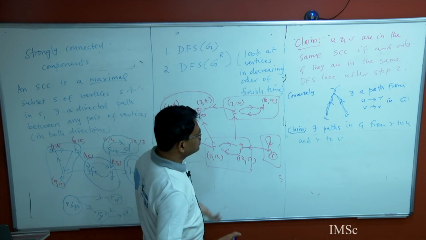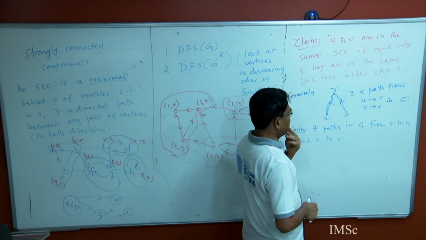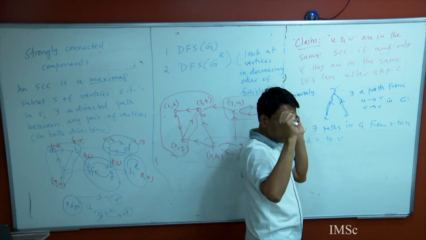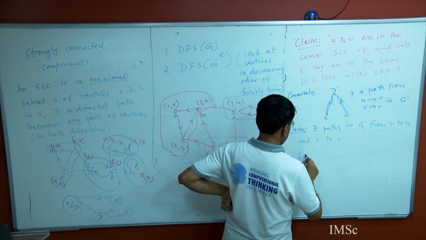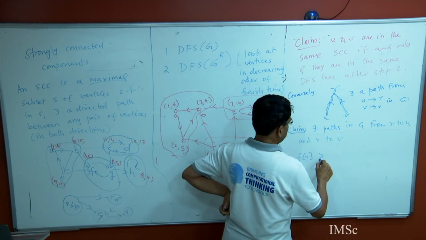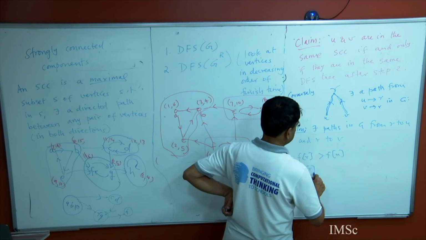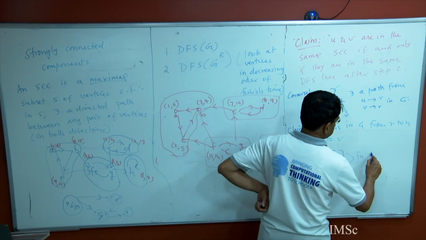Now look, you started in decreasing order of finish time in your original DFS, remember? So that means the finish time of R is greater than the finish time of U and the finish time of R is greater than the finish time of V in the original DFS.